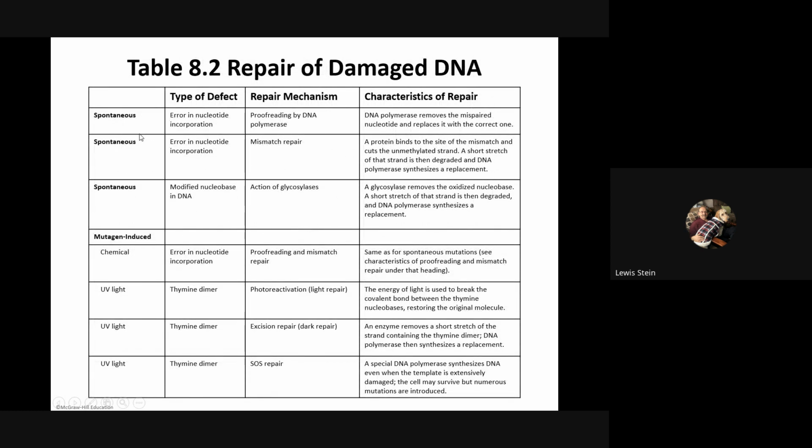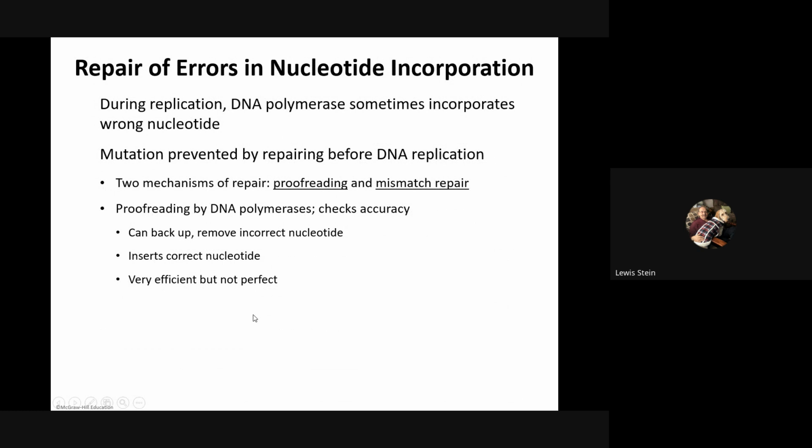So there's lots of different things, and we'll look at the repair mechanisms. I'll show you a bit about mismatch repair and different things that are associated with it. So regular DNA polymerase in bacteria sometimes corrects the wrong side.